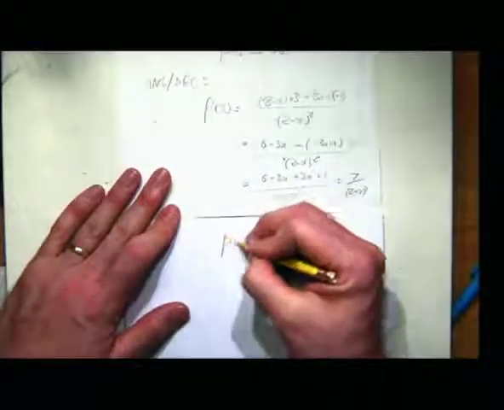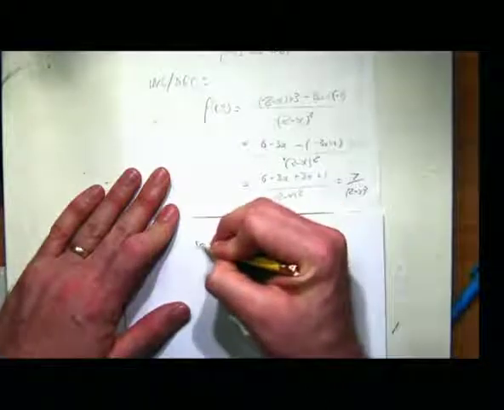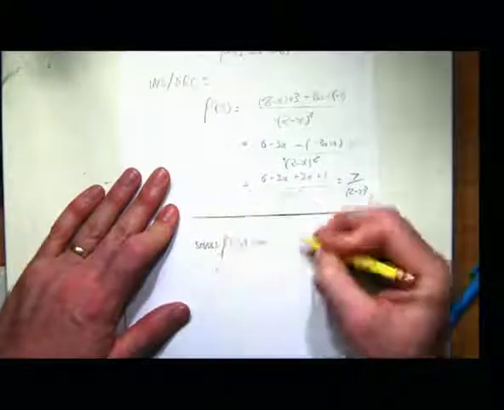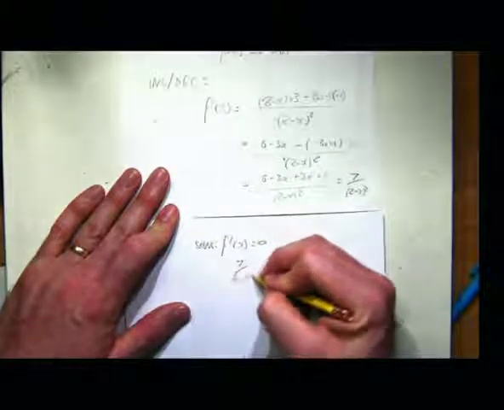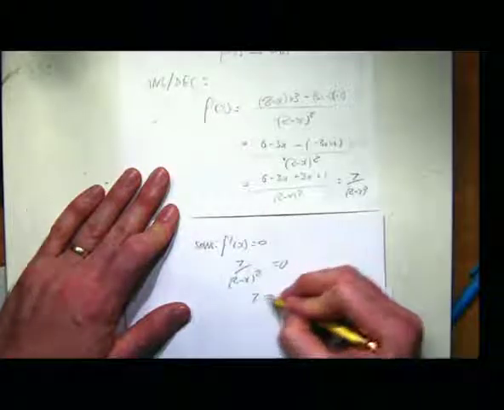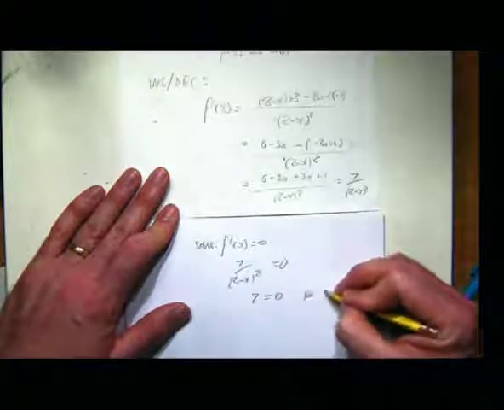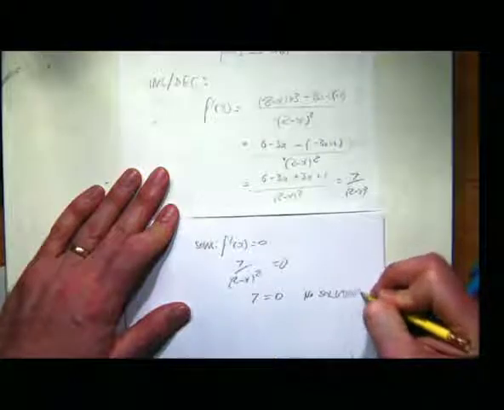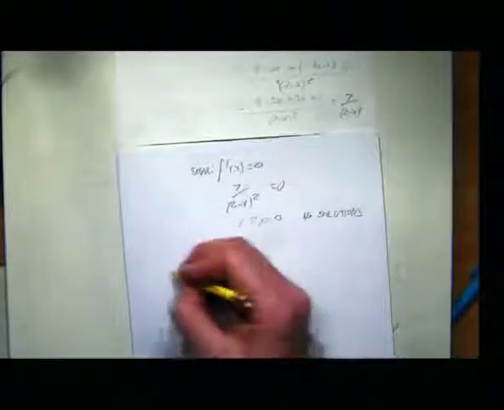So f dash x solve, which is that 7 over 2 minus x squared is 0, which is 7 equals 0, which is no solutions. There's no way for 7 to be 0. And so we do have a critical point when x equals 2, but we've already got that in our sign diagram. And so now we figure out what happens in each zone.